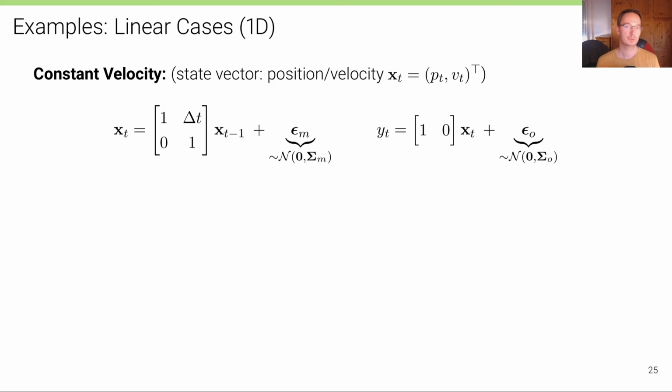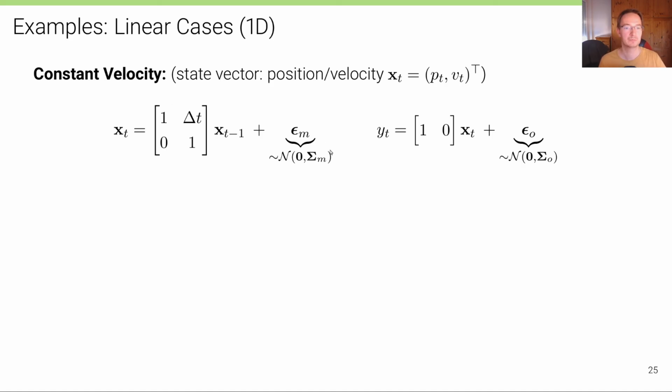Examples for motion and observation models are, for example, the constant velocity case, a simple setting where the state vector is the position and the velocity. So we have xt equals position at time t and velocity at time t.